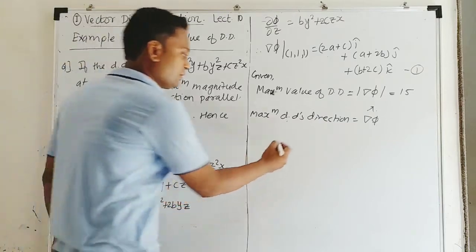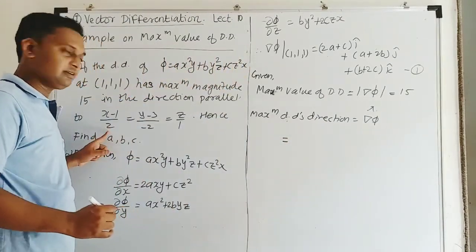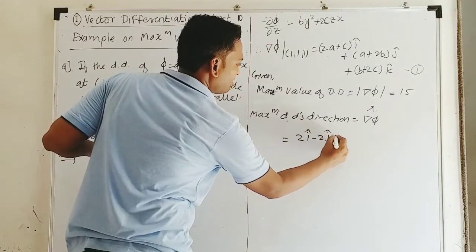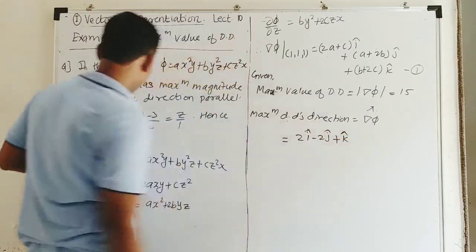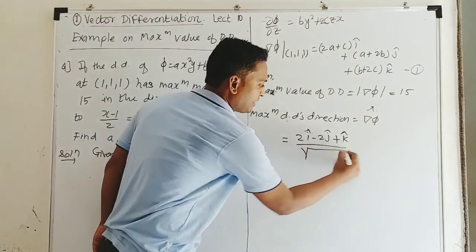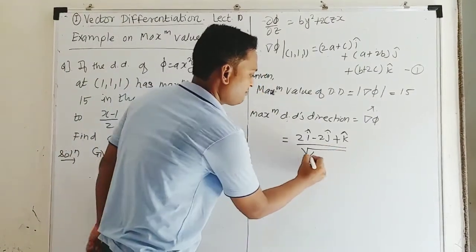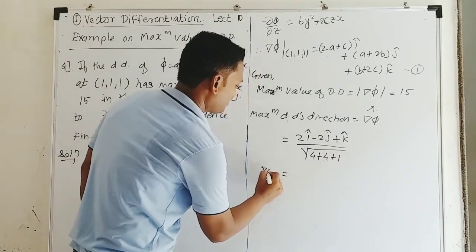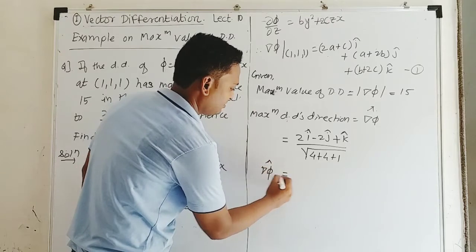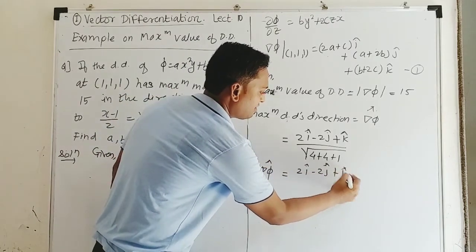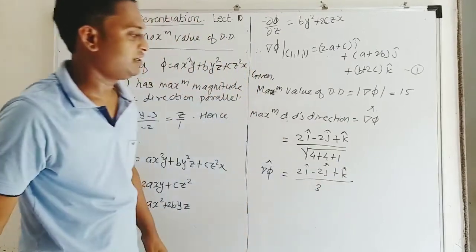So this will be equal to, the vector representing this line is 2i minus 2j plus k. 2, minus 2, 1. And its direction we are calculating, so divide by magnitude. The magnitude of this is root of 4 plus 4 plus 1. So we'll have del phi cap, the direction, equal to 2i minus 2j plus k divided by root of 9, which is 3. Okay.